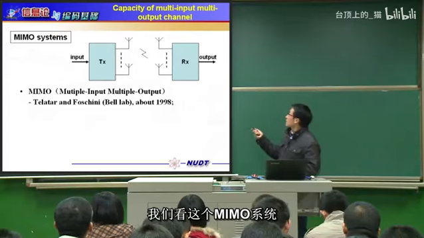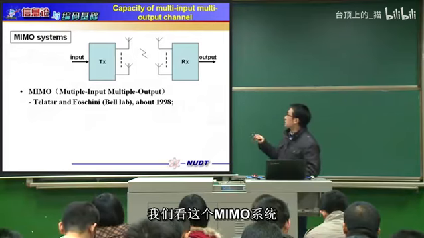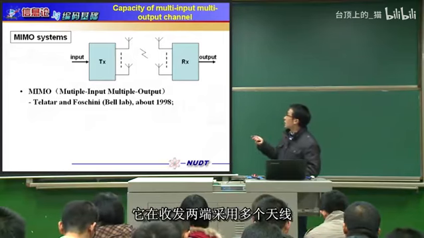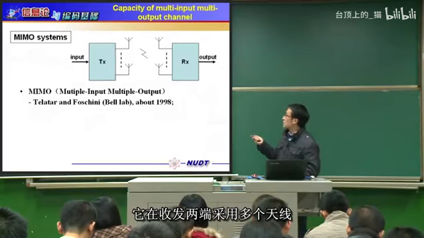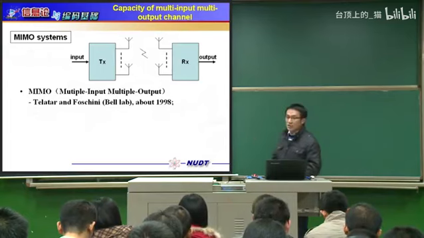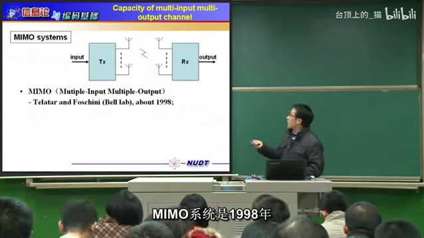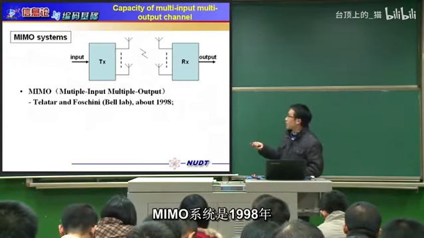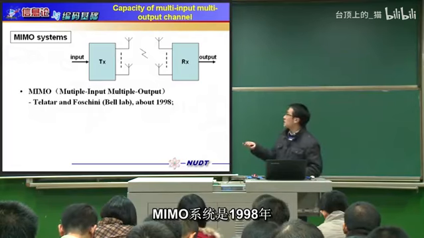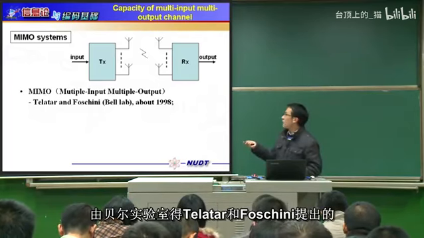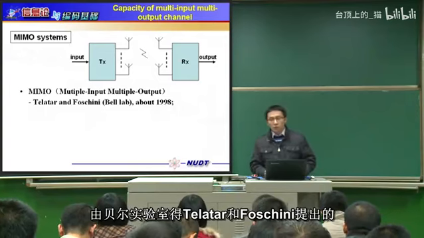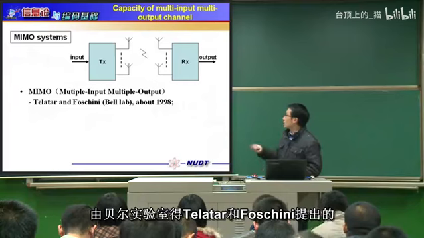Let's see, this is a MIMO system. We use multiple antennas in the transmitter and multiple antennas at the receiver as well. So, we know MIMO system is proposed by these two persons, Telatar and Foschini, who both are from the Bell Lab, in the time about 1998.